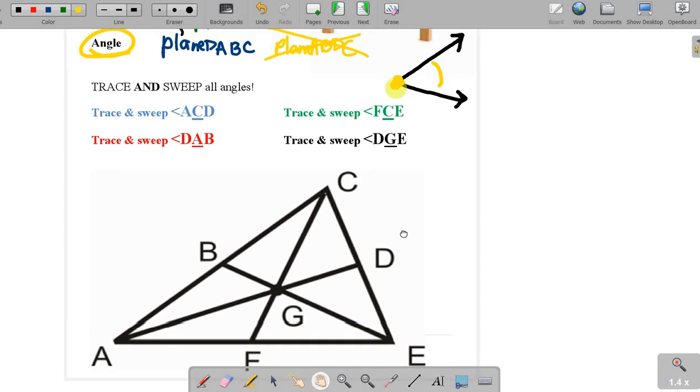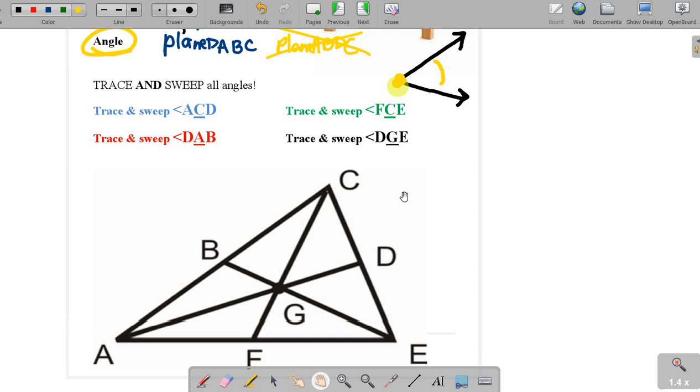We name angles for now with 3 letters. It's very important when you name angles, or when angles are given to you, always trace and sweep. Trace and sweep all angles. Let me show you what I mean by that. Okay? Using blue if you have it.